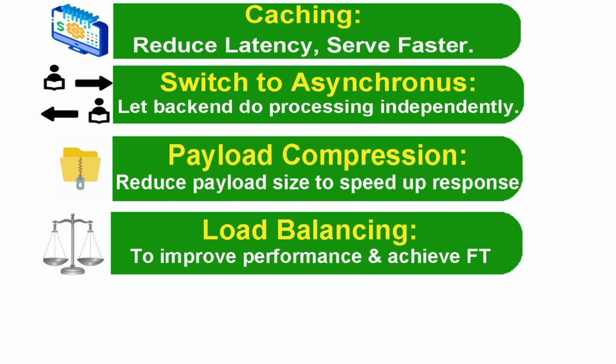When we have a load balancer on top of that, which can be an application load balancer or a network load balancer, we can improve the performance because no single server is going to be overloaded. Different algorithms are used by these load balancers, like round robin, weighted round robin, or other, more proper load balancing algorithms, which can really help you improve the performance as well as achieve fault tolerance.